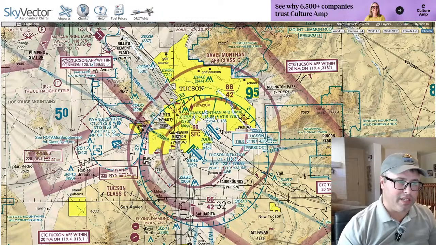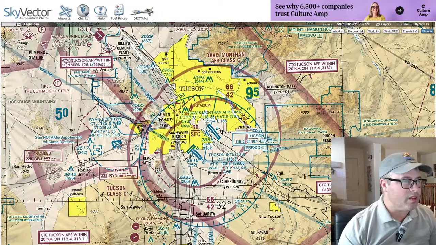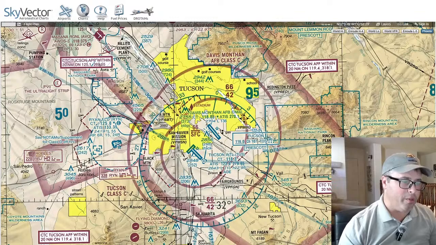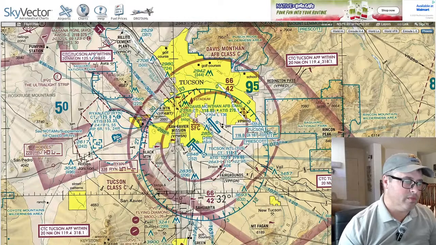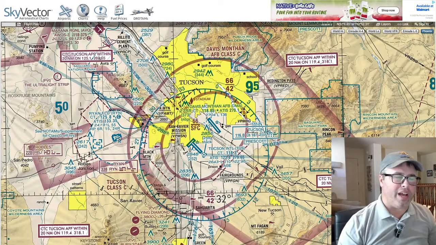So that way airplanes can come in and land here on the main runway, land and take off here. Same with Davis-Monthan Air Force Base.